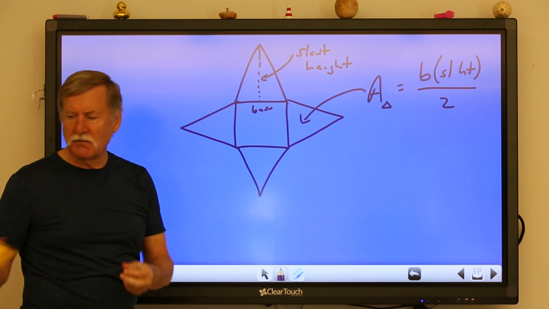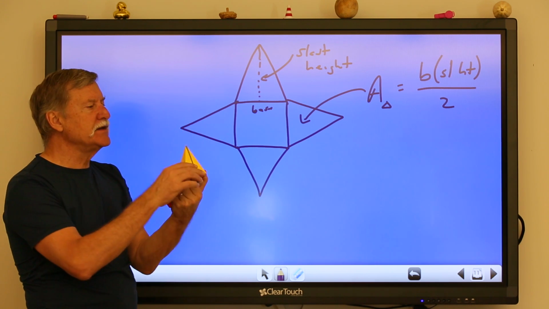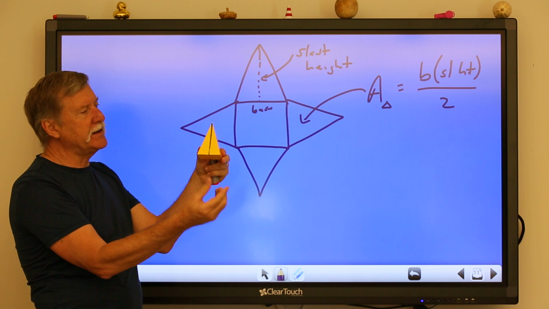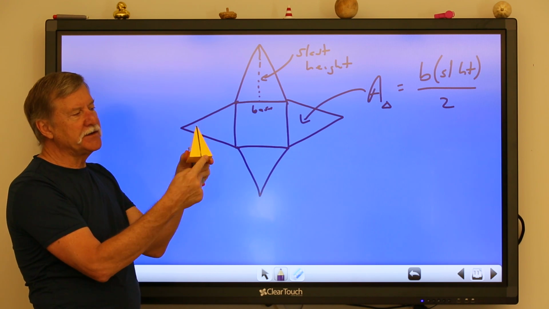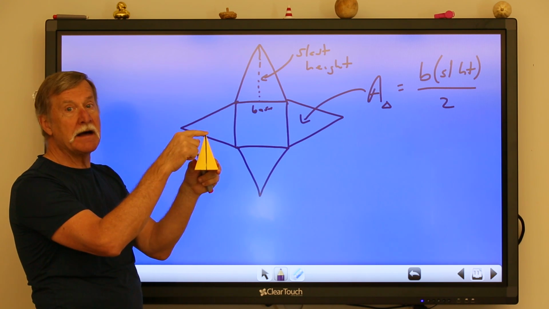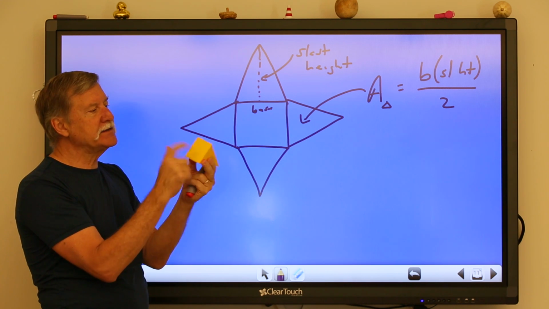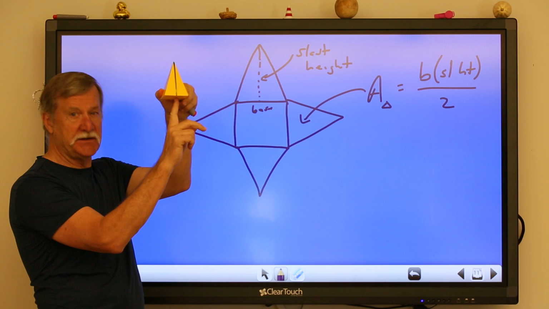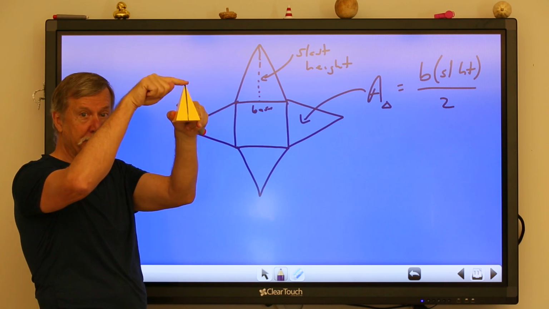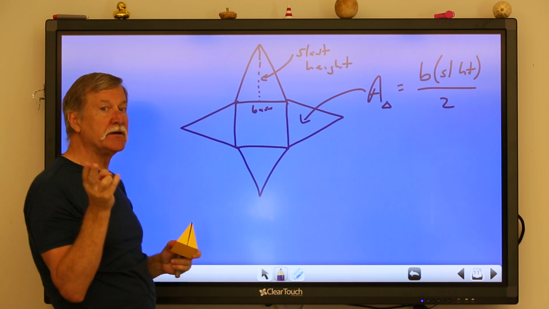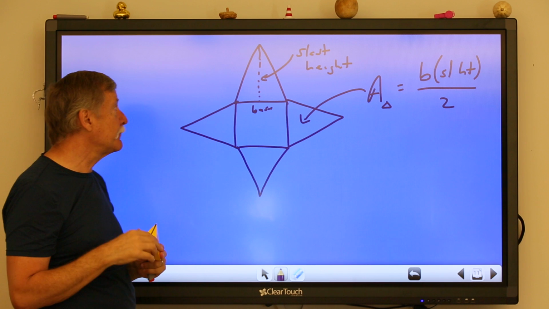And remember that we're taking this pyramid and we're opening it up. And so the perpendicular distance from the base to the top, that's the height of the triangle. The height of the pyramid is from the center of the pyramid to the apex of the pyramid. 2 different numbers, 2 different things, all right?